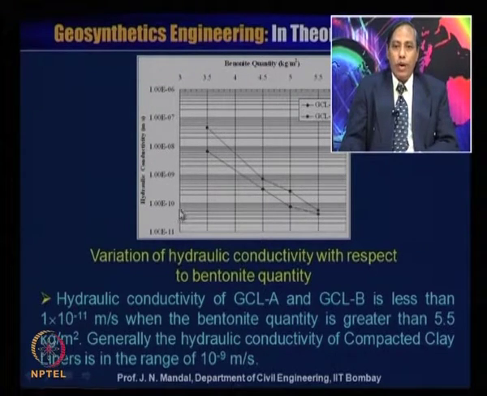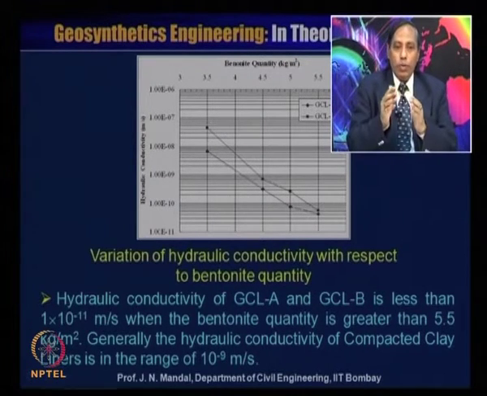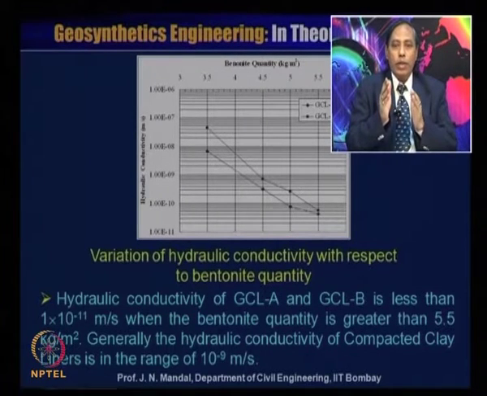When the bentonite quantity is greater than 5.5 kg per meter square, generally the hydraulic conductivity of compacted clay liner is in the range of 10 to the power minus 9 meter per second. So, what we wanted to conclude here is that when you use this compacted clay liner, its hydraulic conductivity may be 10 to the power minus 9 meter per second.